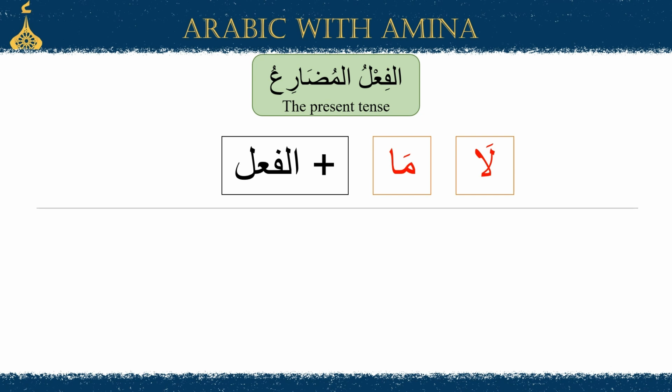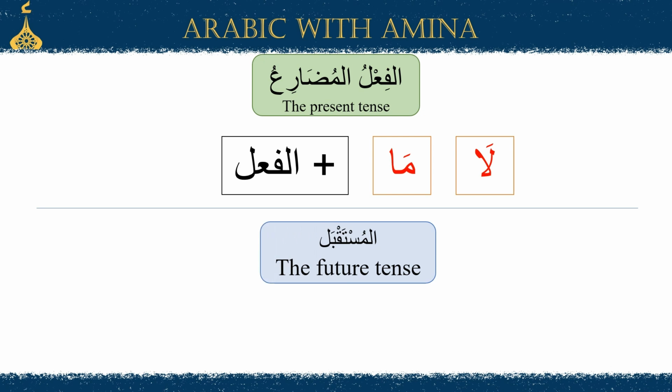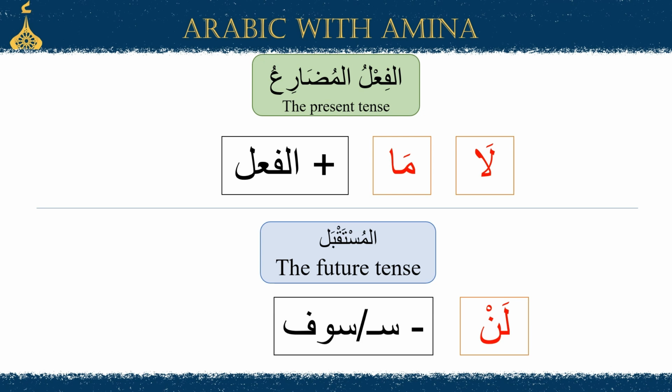And as for the future tense, we only have one particle, which is لن, and then we remove the future particle, سين or سوف, having لن followed by the verb, or الفعل. So we have لن, remove the future particle, and have it followed by the verb. And this is how we negate the present tense and future tense.